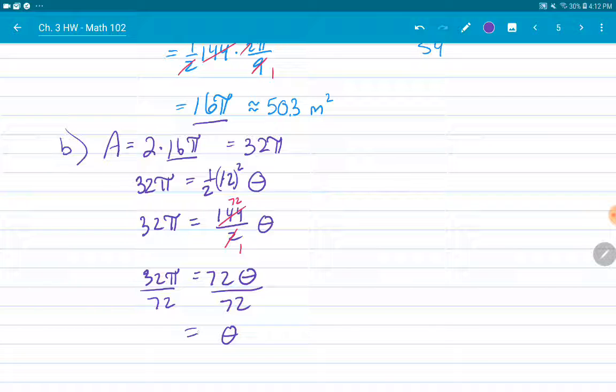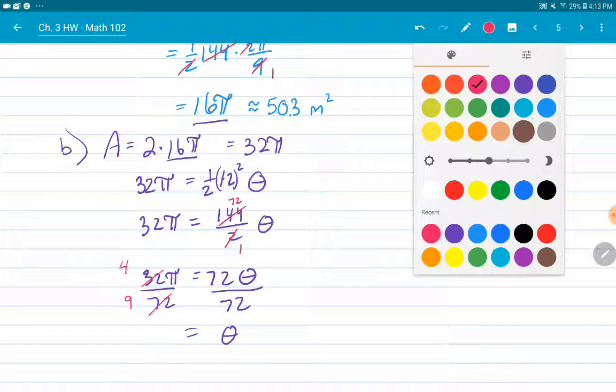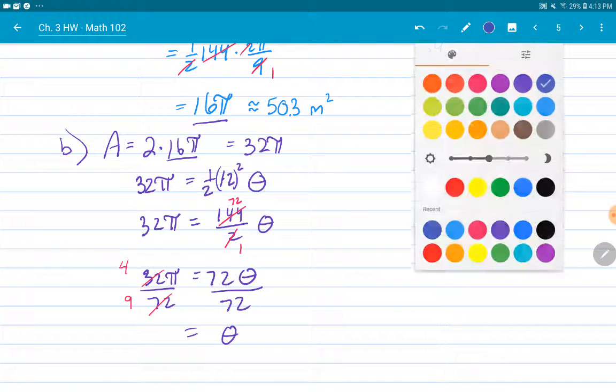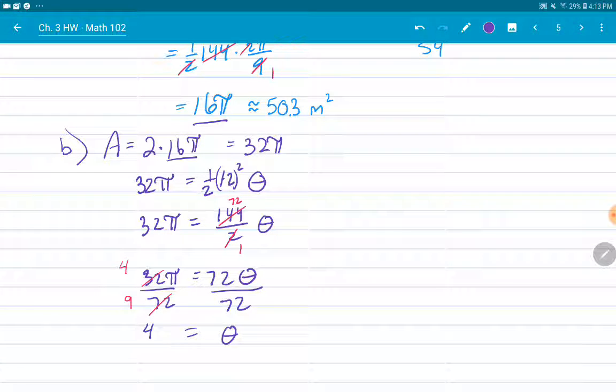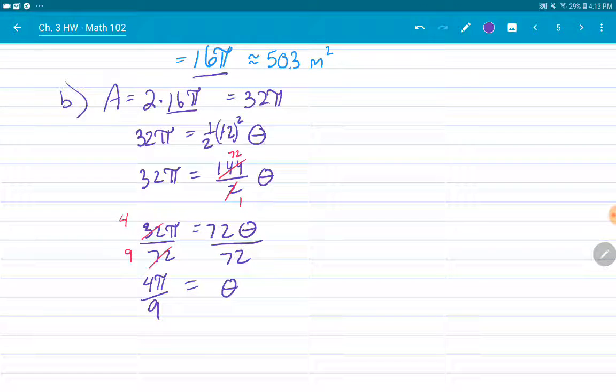And I get theta equals, let's see, I can take a factor of 8 out of each of those, and I get 32 divided by 8 gives me 4. 72 divided by 8 gives me 9. So I'm left with, whoops, 4 pi over 9. That's in radians, and I think it asked us for degrees.